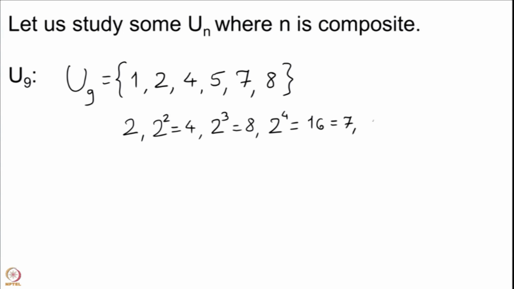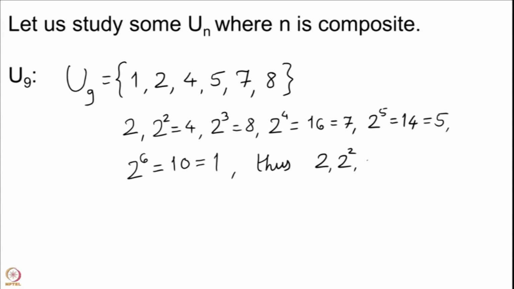So, this is 7, 2 raised to 5 is now 14 because it is 7 into 2, but modulo 9 14 is 5, and then we get 2 raised to 6 which is 10, this is also 1. So, 2, 2 square, 2 cube, 2 raised to 4, 2 raised to 5 and 2 raised to 6 are all distinct elements.